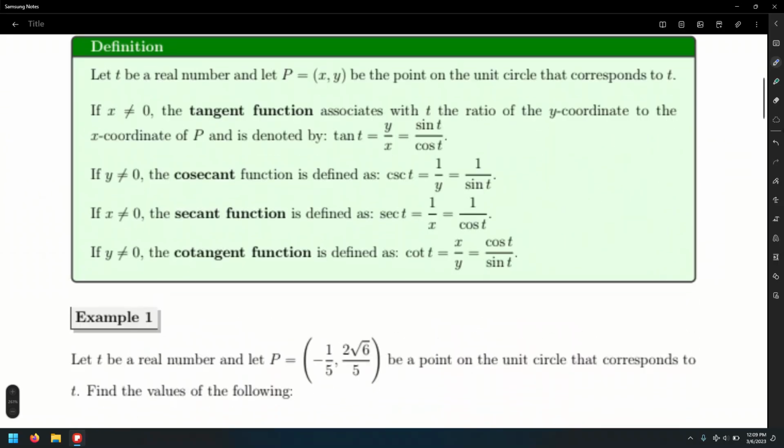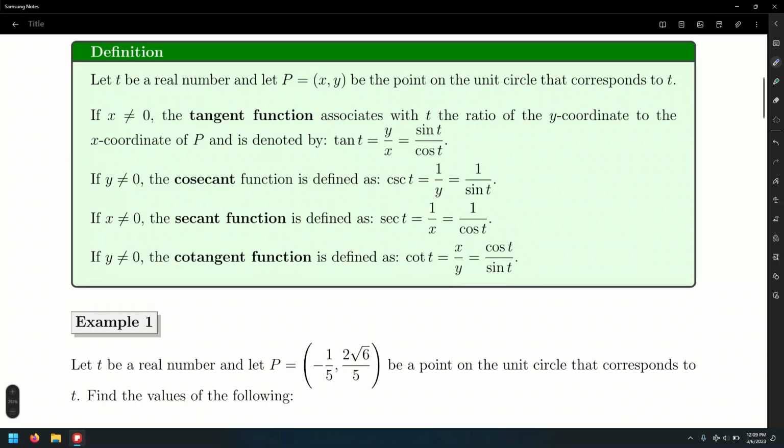All right, so here we're going to define some of the trigonometric functions. There are actually 6 of them. You may have learned these trigonometric functions from a different approach, using triangles, SOHCAHTOA, right?